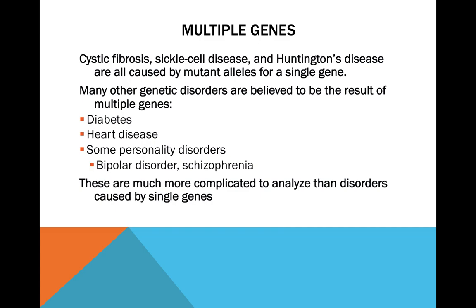There are some disorders caused by multiple genes, which means that they run in the family, but they're not exactly sure how they are passed from parent to offspring. These are things like diabetes, heart disease, and even bipolar disorder and schizophrenia. They are way more complicated to analyze and to study because they are caused by more than one gene or more than one factor.